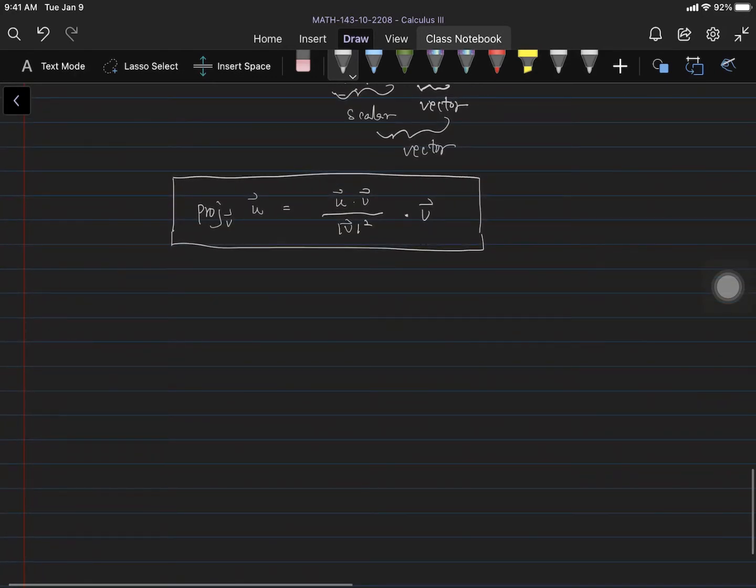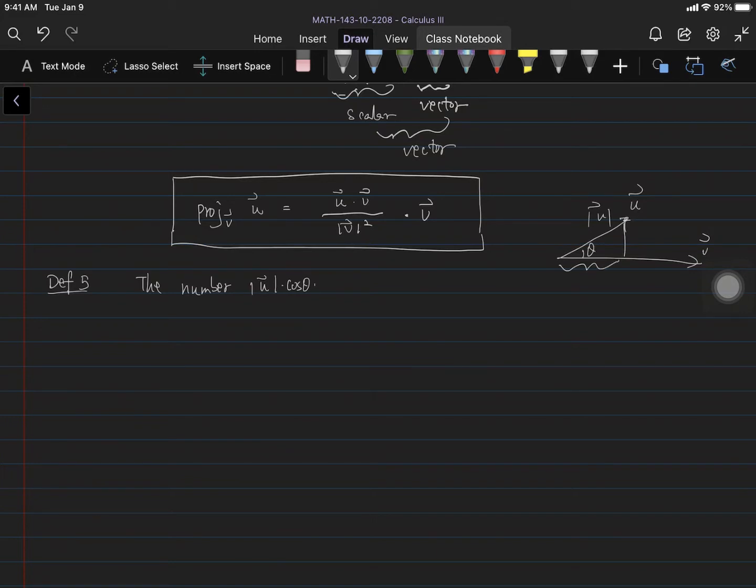Now let's take a look at definition 5. The number u times cosine theta. Actually, what is u times cosine theta? It's the u length times cosine theta, which is this length, right?